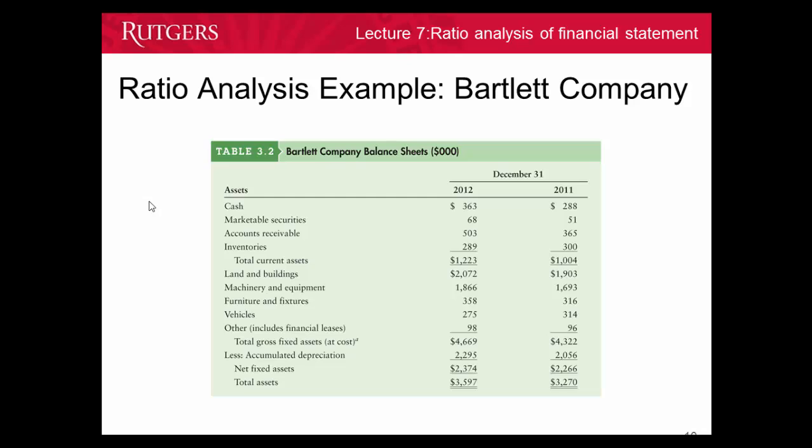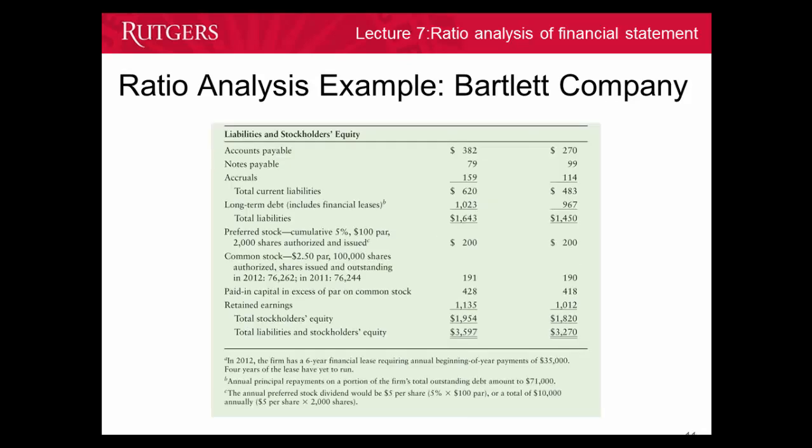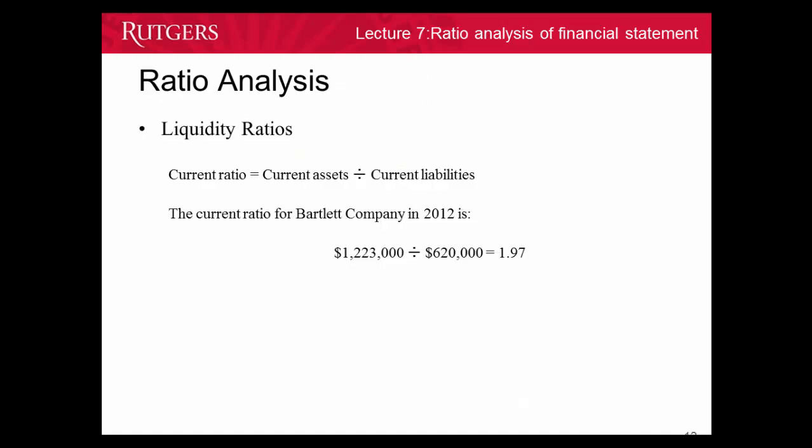As you can see, current assets is listed here. So it's 1,223,000, and for current liabilities, it's listed here, so it's 620,000. So we do the calculation, and it equals 1.97, which is larger than 1.